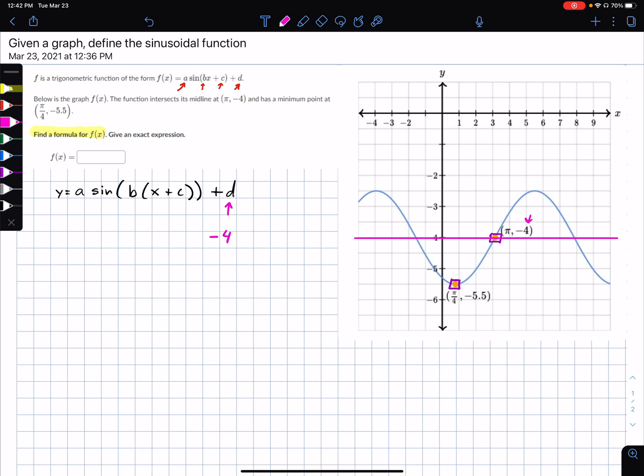Okay. The other part that we know about sine of x, I think I'll go back to purple for this. Sine normally passes through the midline and the y-axis, which is normally at the origin if there's no transformations. So let me just do a quick little sketch here.